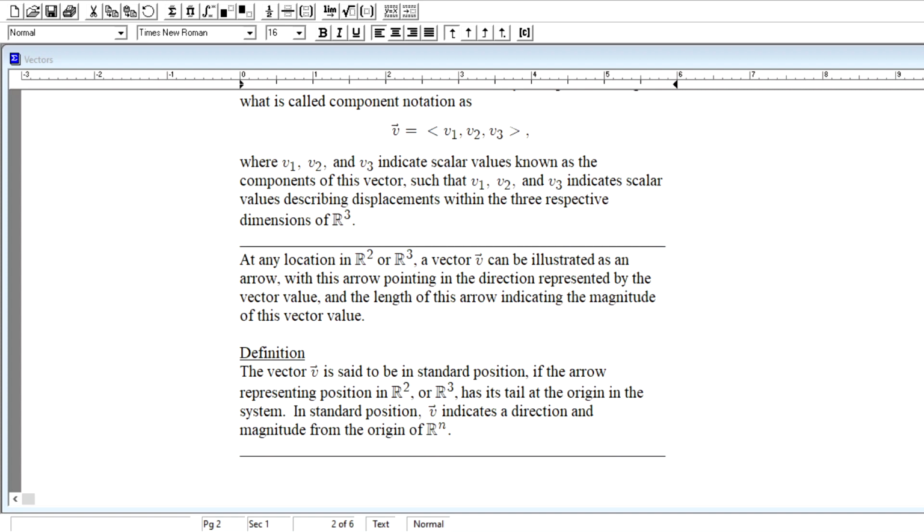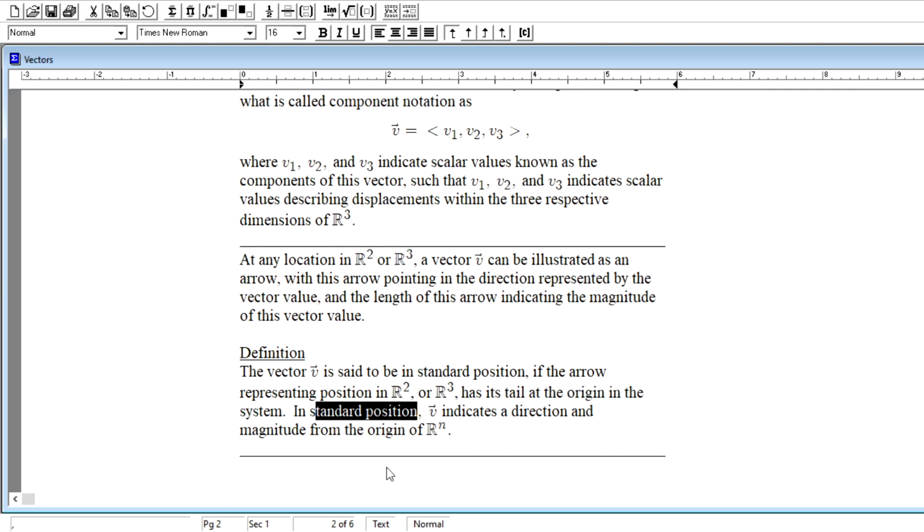A vector v is said to be in standard position, in either what we think of as 2- or 3-dimensional space, if the arrow representing position has its tail at the origin of the system, right?